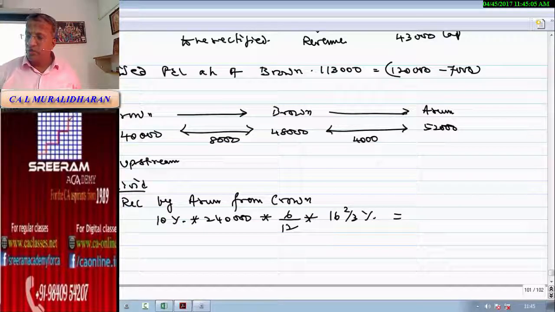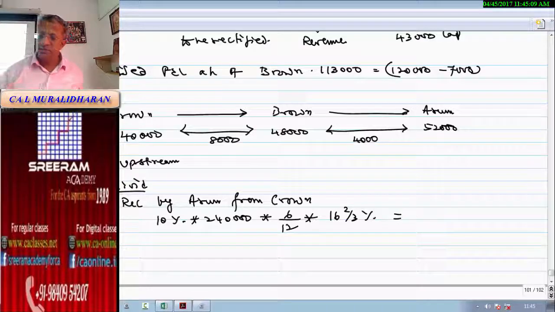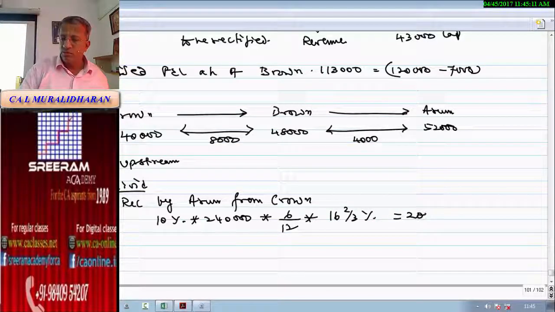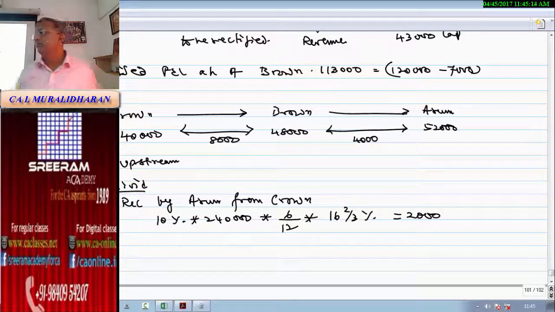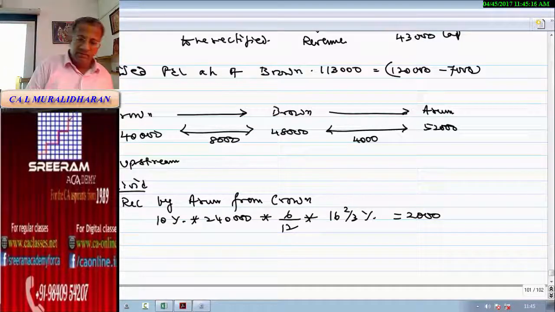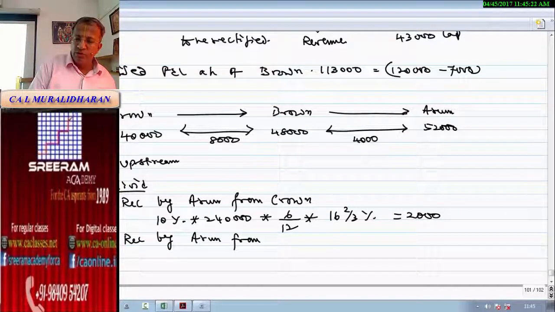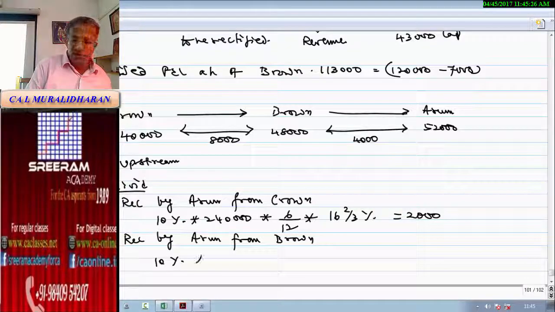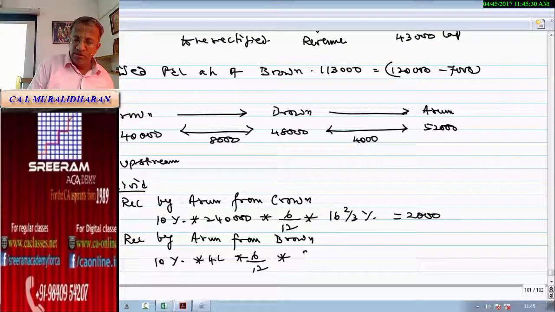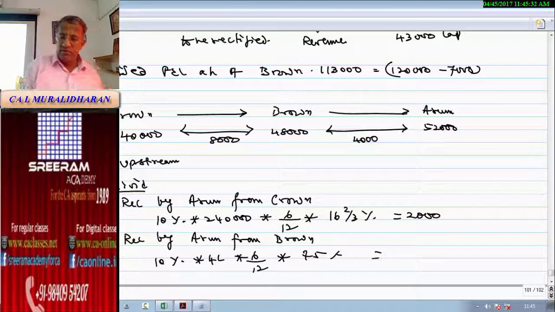So 0.1 into 2,40,000 divided by 2 divided by 6. How much is that? 2,000. Received by Arun from Brown: 10% on 4 lakhs into 6/12 into 75%.